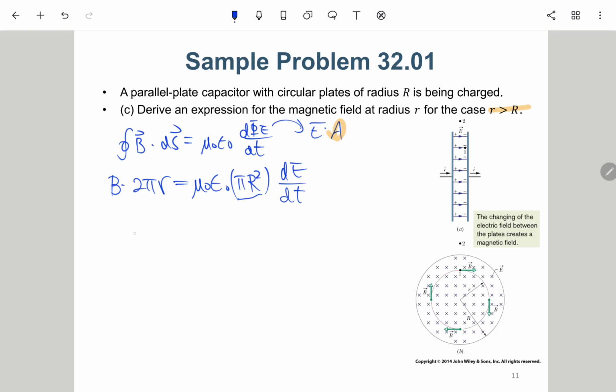So finally, we cancel this pi with this pi, and we have B equals mu naught epsilon naught capital R square over 2r, and then dE dt. I think we have already derived a similar formula before, in chapter 39.